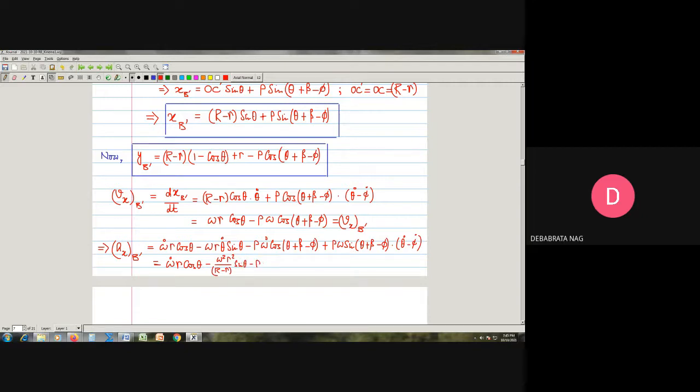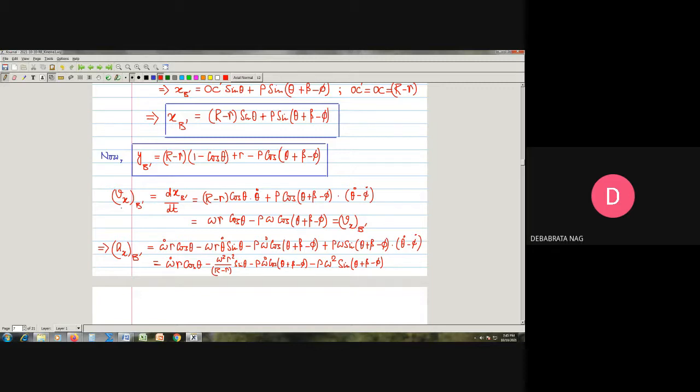Then we have minus rho omega dot cos of theta plus beta minus phi. And then since phi dot minus theta dot is omega, I put a minus sign here, making it minus rho omega square sine of theta plus beta minus phi. So that is going to be my x component acceleration in the general configuration of the body.